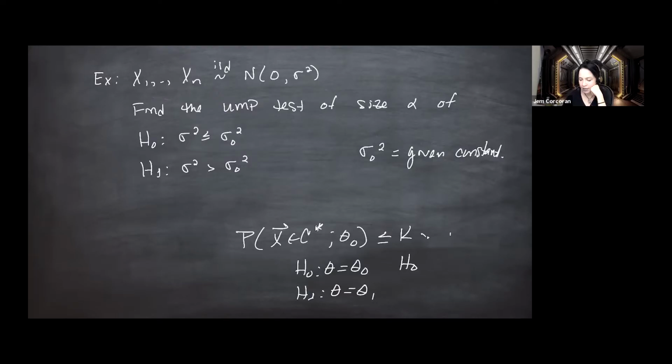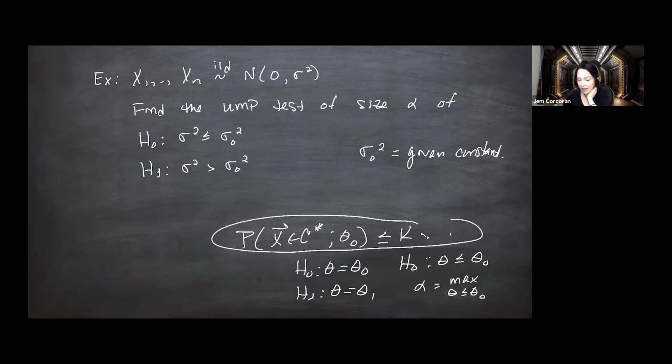So if you are testing theta less than or equal to theta naught, then when finding the alpha, you have to do a max over all theta less than or equal to theta naught. The entire proof holds up just fine if this maximum occurs at that boundary point.